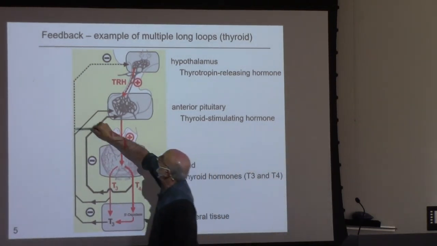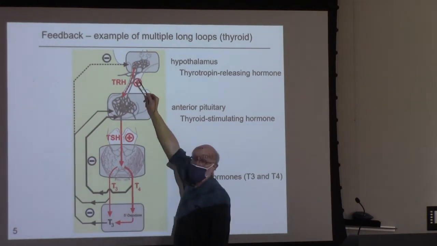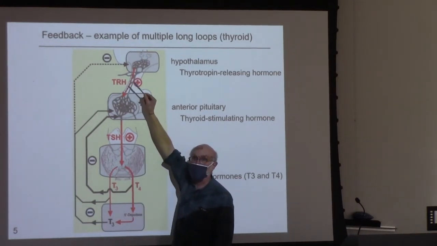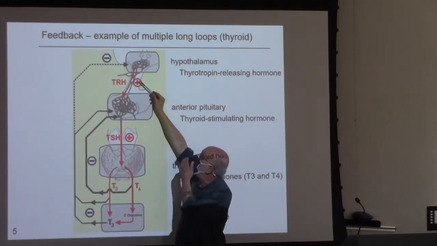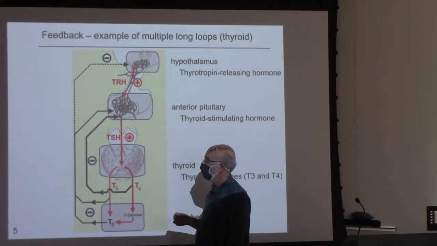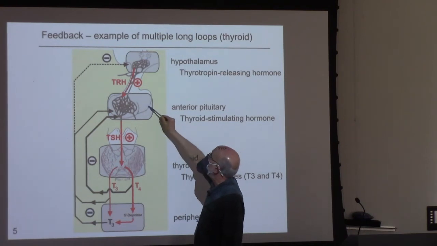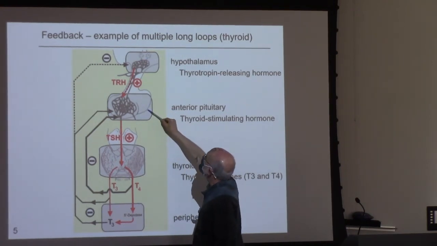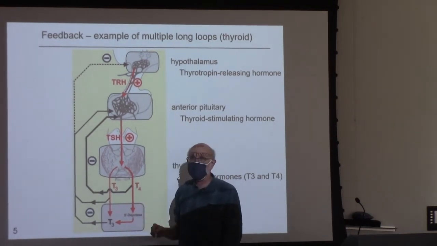They also inhibit the release of TRH by the hypothalamus into the median eminence. So we have two levels. We actually have three. There's also a feedback of TSH that inhibits TRH.